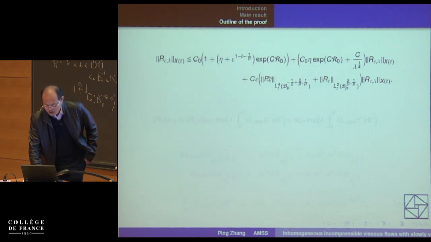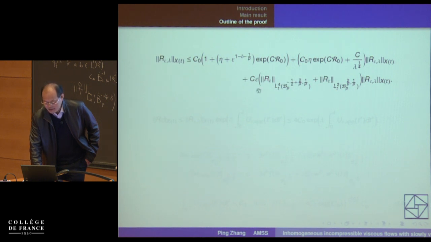So now in this inequality, as long as eta is sufficiently small and lambda is sufficiently small, these two terms will be absorbed by the left-hand side. And according to this inductive assumption, this term is bounded above by R0.